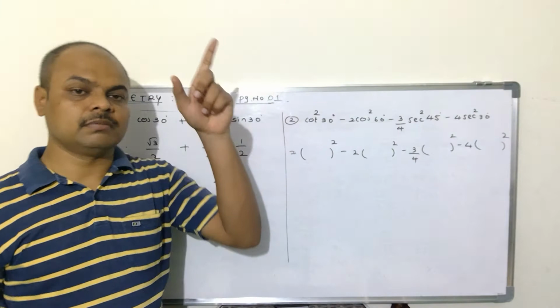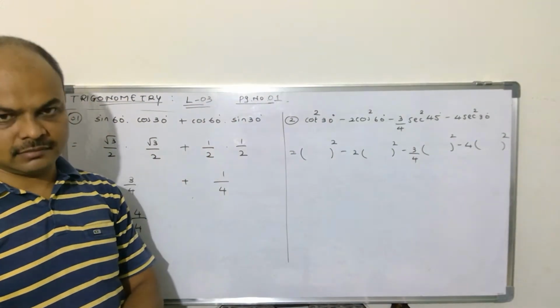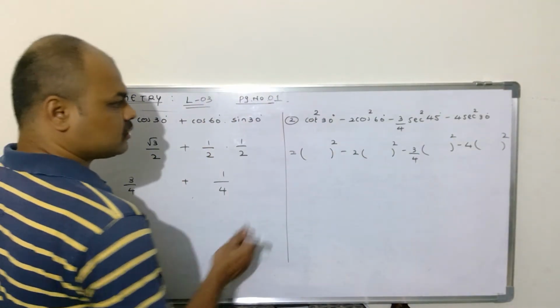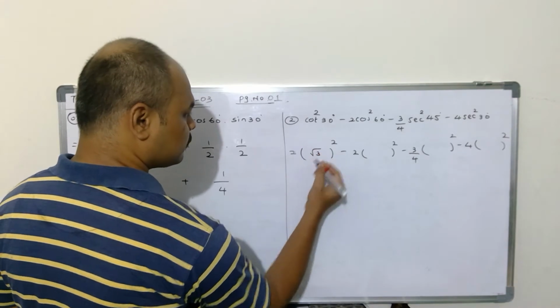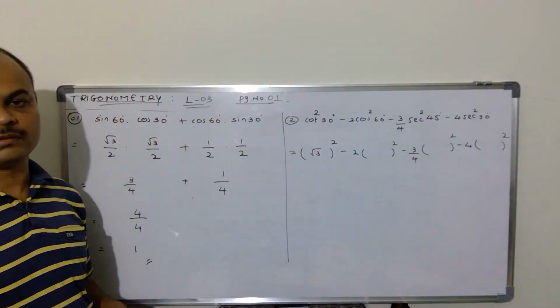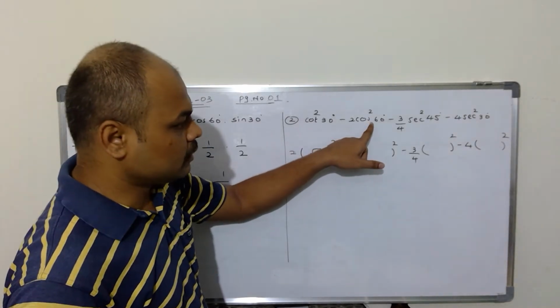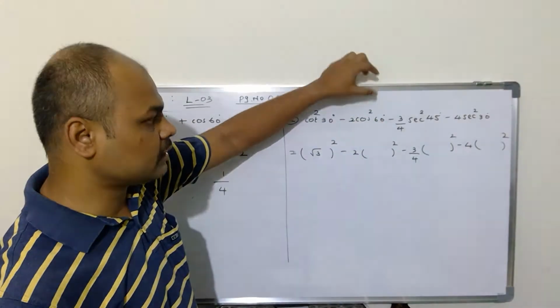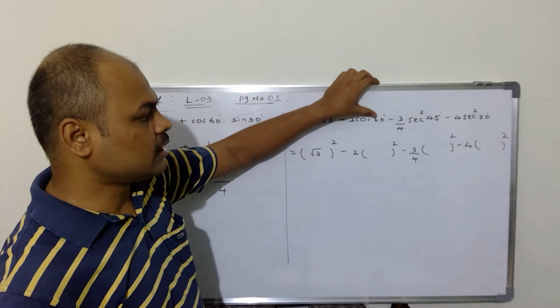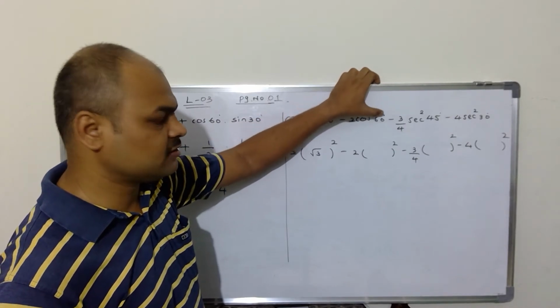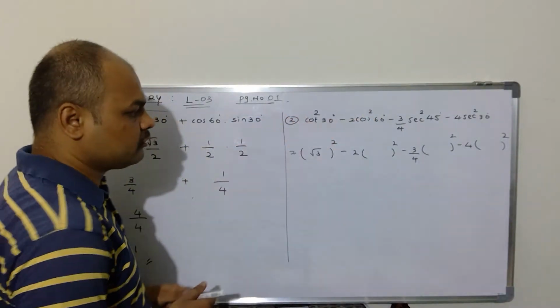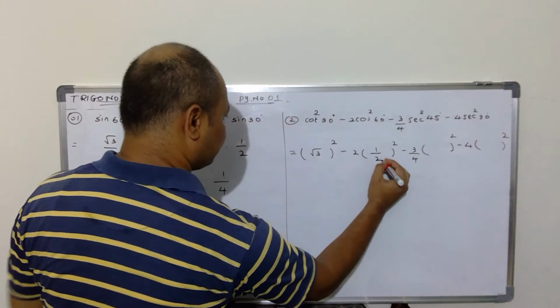In that table, the value of cot 30 degree is root 3. Now here we have cos 60 square. Let's hide this square. I have the trigo ratio of cos 60 degree. The value of cos 60 degree is half.